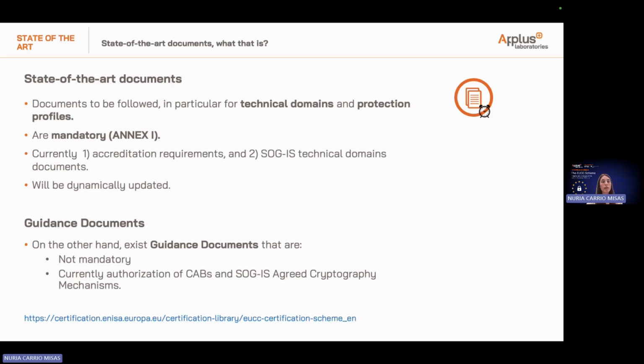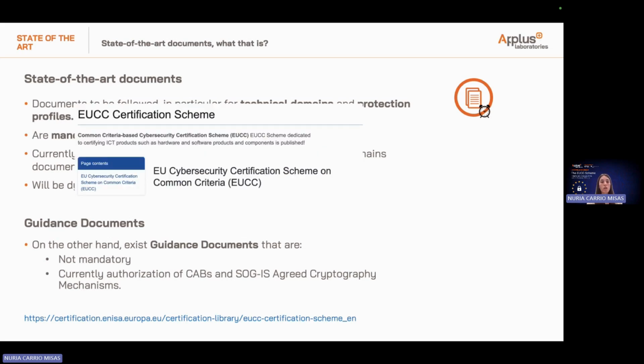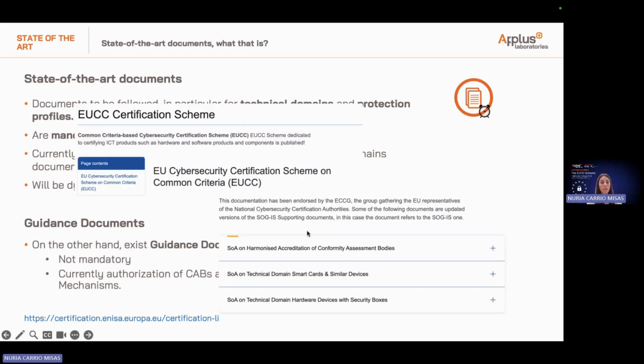You will find two kinds of documents. The state-of-the-art documents, which are mandatory. Nowadays, there are only the accreditation requirements for conformity assessment bodies. But you can also find the state-of-the-art of smart cards and similar devices and hardware security boxes.